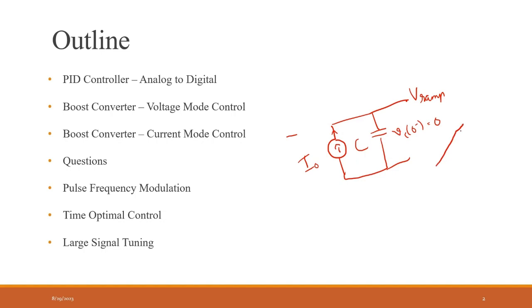Then you have to reset it to 0, so you should have some sort of discharge circuit which comes in when it reaches the peak. This discharge circuit should get activated and discharge all the charge from the capacitor, and after that your I naught must be turned on again.